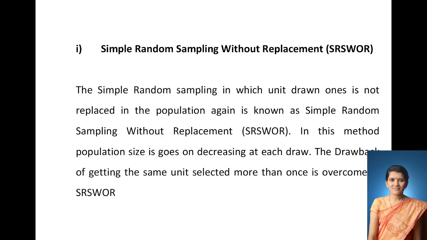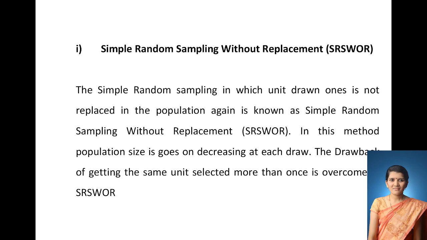The next type is simple random sampling without replacement. This is also called SRSWOR. It is simple random sampling in which a unit once drawn is not replaced in the population. It is replaced in another place, not in the population. So it is known as simple random sampling without replacement.